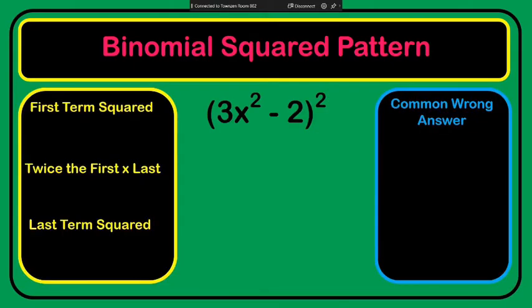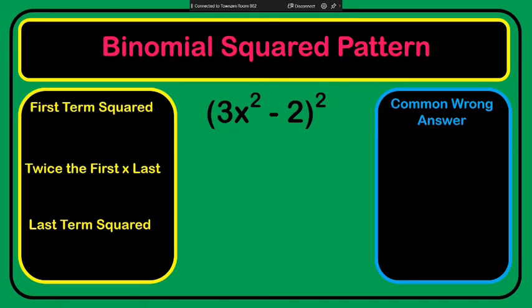So the reason that we're learning the binomial squared pattern is to speed up the process of finding the answer. This is something you'll have to do many times. Also, when we're doing factoring later on, the better you understand the binomial square pattern, the better you'll be able to factor. So the first thing we're going to get out of the way is the most common wrong answer.